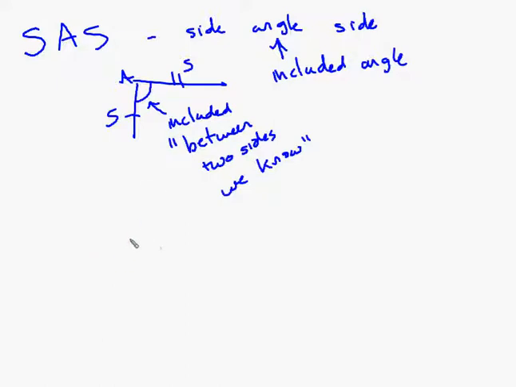So triangles are congruent if we show two sides and their included angle are congruent.